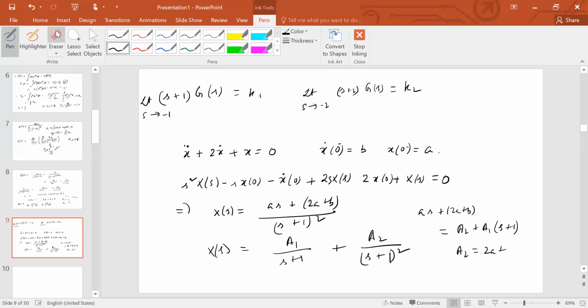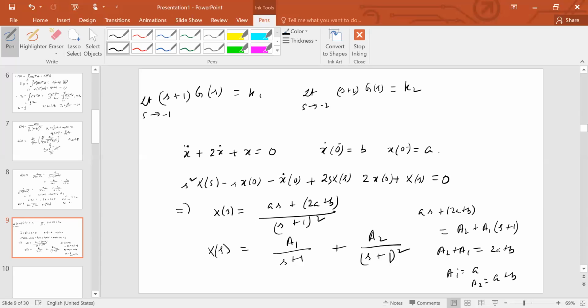I shouldn't be jumping steps. That's the mistake. So what we can write is A2 plus A1 is equal to the constant term, that is 2a plus b, and A1 is going to be a. This is still better because it's like a triangular system. So you can plug this in and get that A1 is equal to a, and A2, if you substitute here, is going to be a plus b.